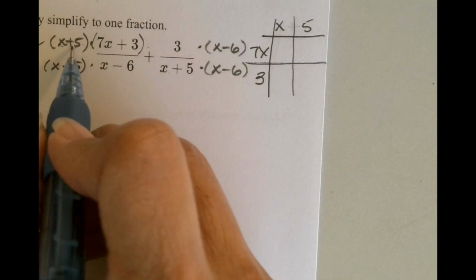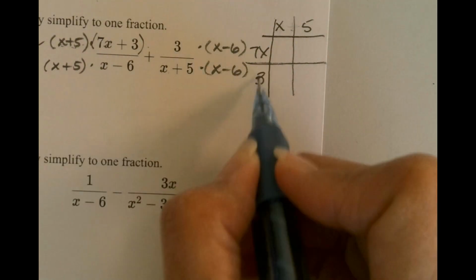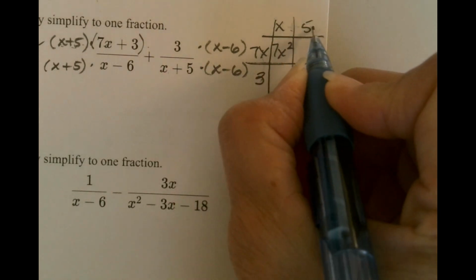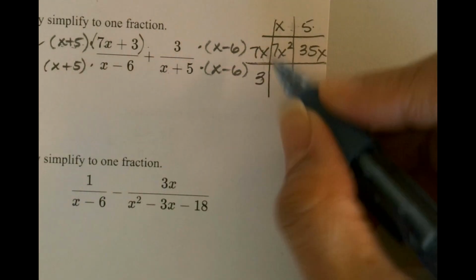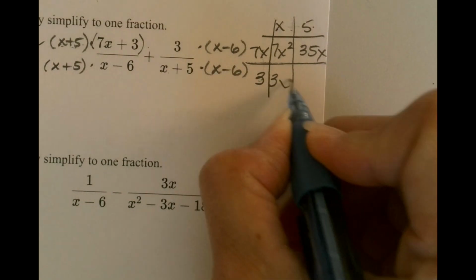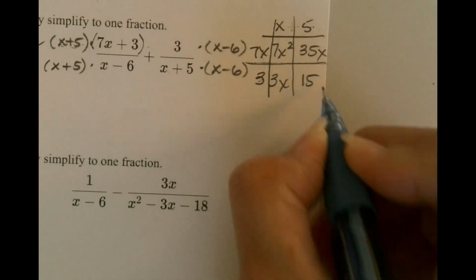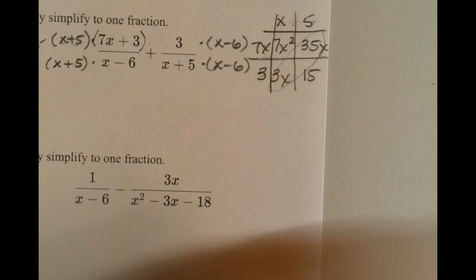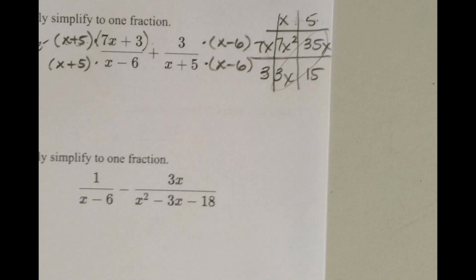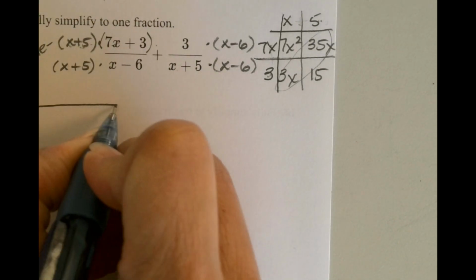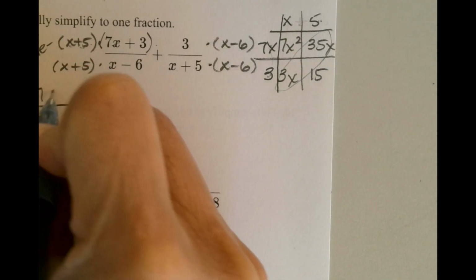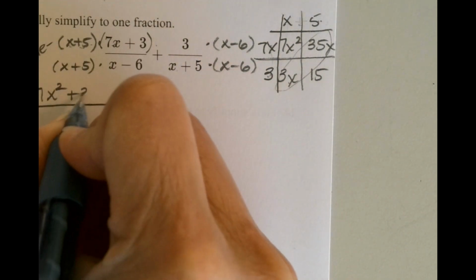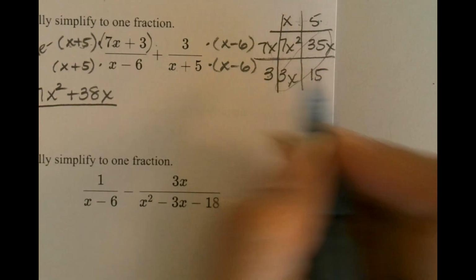So x plus 5 is upstairs, 7x plus 3 is over here. 7x times x is 7x squared, 7x times 5 is 35x, 3 times x is 3x, 3 times 5 is 15. We always know with the box method that the diagonals are like terms, so my answer for the numerator is going to be 7x squared, 35x and 3x makes 38x, and 15.